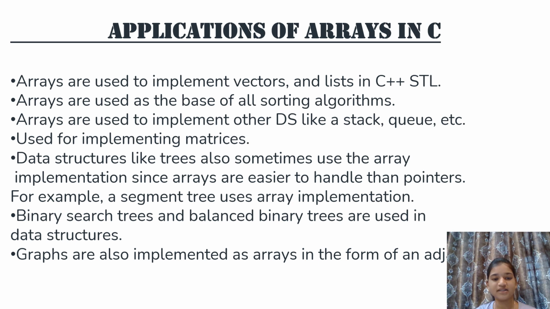Data structures like trees also sometimes use array implementation, since arrays are easier to handle than pointers. For example, a segment tree uses array implementation. Binary search trees and balanced binary trees are used in data structures. Graphs are also implemented as arrays in the form of adjacency matrices.